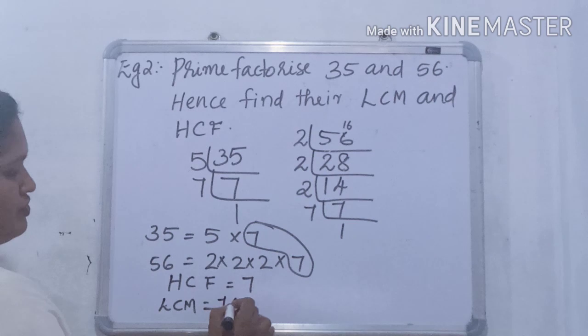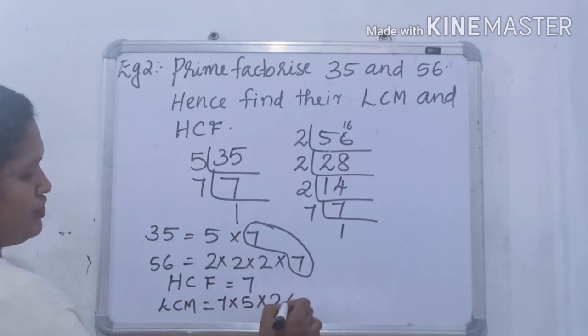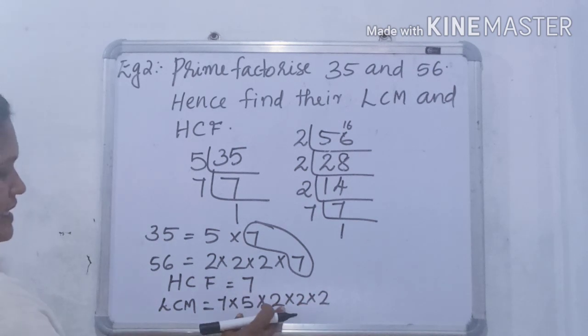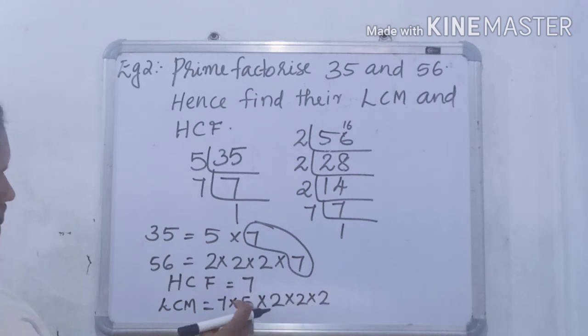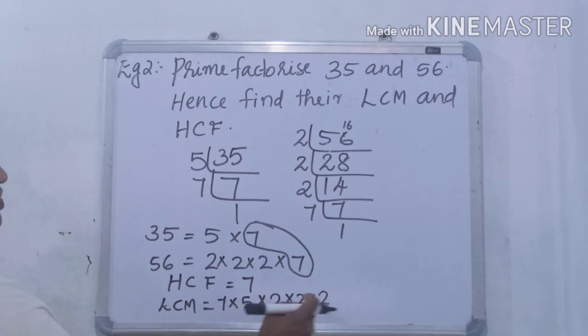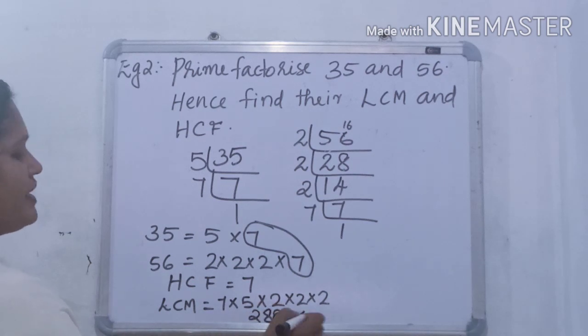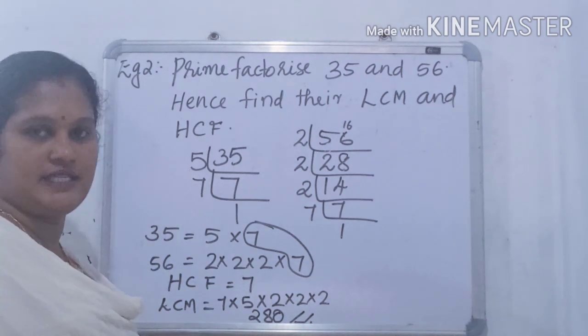So 7 into 5 into how much time? 2 into 2 into 2. 5 2s are 10, 7 4s are 28. 28 into 10, 280. So 280 is the LCM and 7 is the HCF.